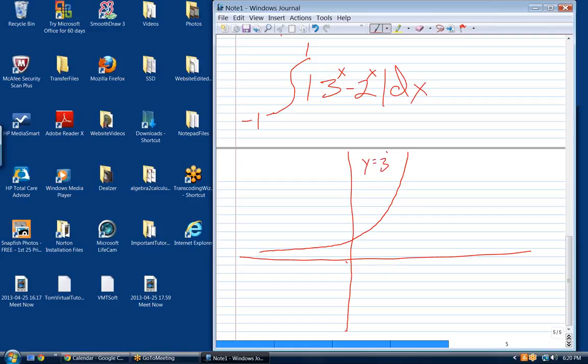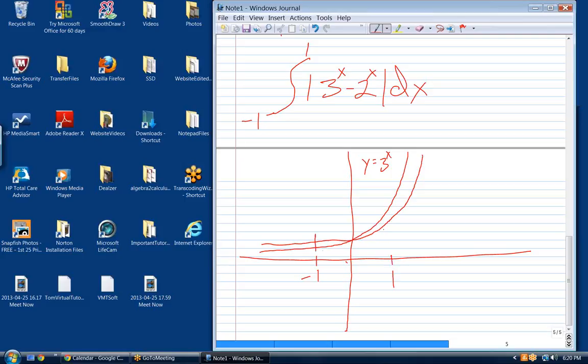Well, I'm going to do a rough approximation here. The graph of 2 to the x is just less. Okay. And they want to go from -1 to 1.